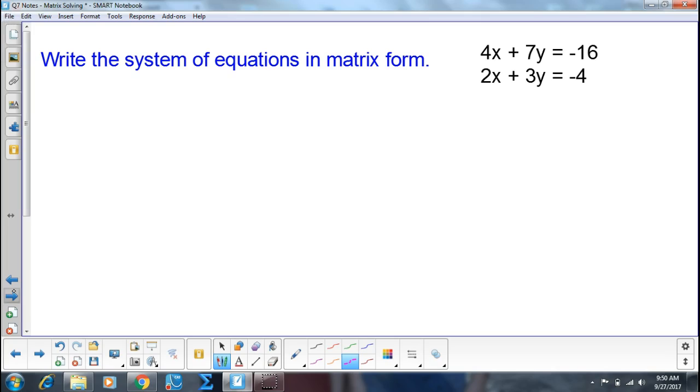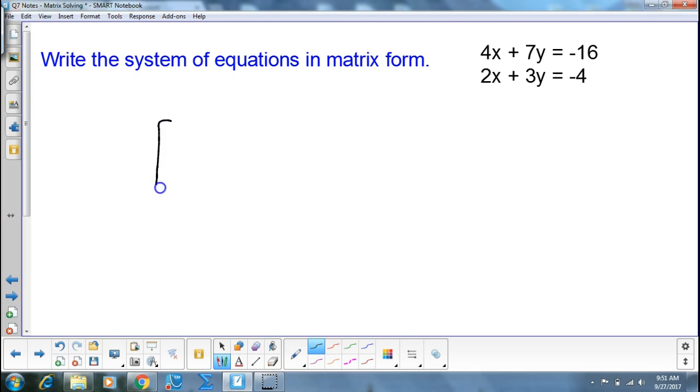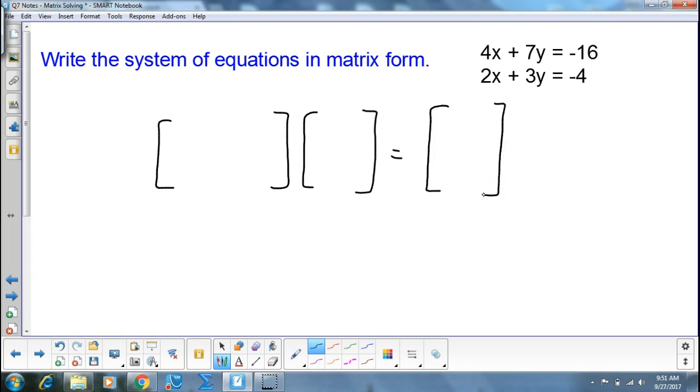Let's set one up now. This is Q7, yes. Okay. So, my matrix equation is going to be what? What is the matrix equation here? 4, 7, and 2, 3.